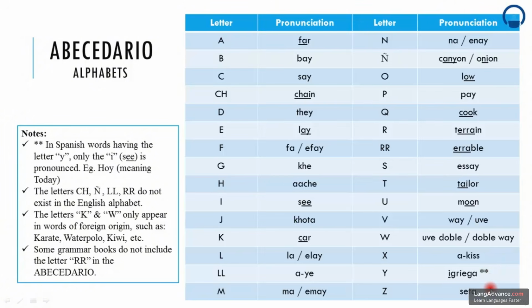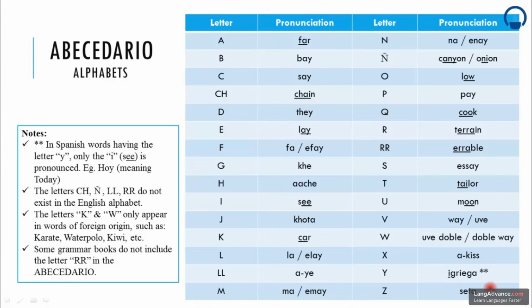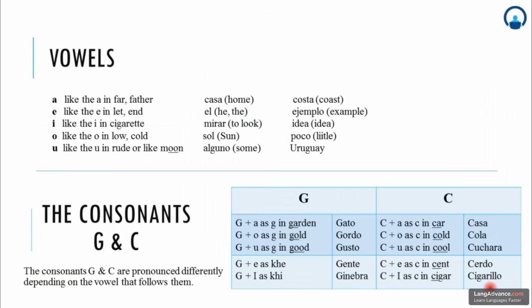Now that we know the alphabets and their pronunciation, keep practicing by writing and reading it several times to get the pronunciation right. Next, we move on to vowels in Spanish.